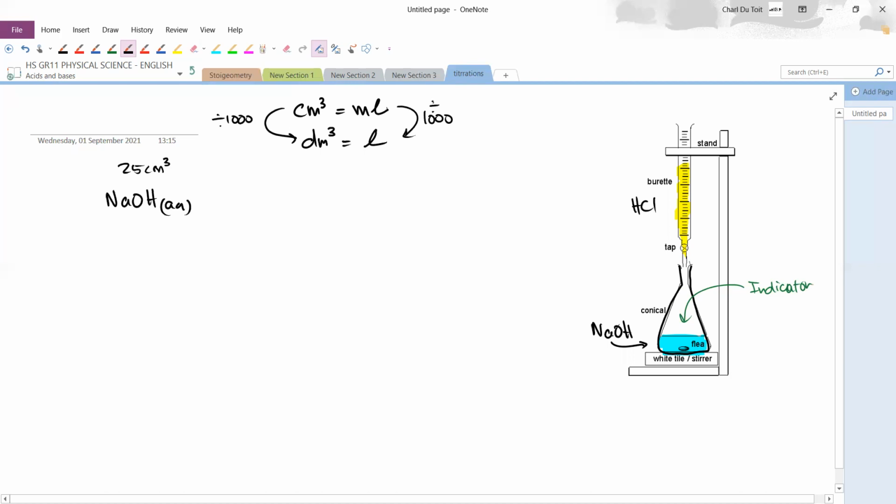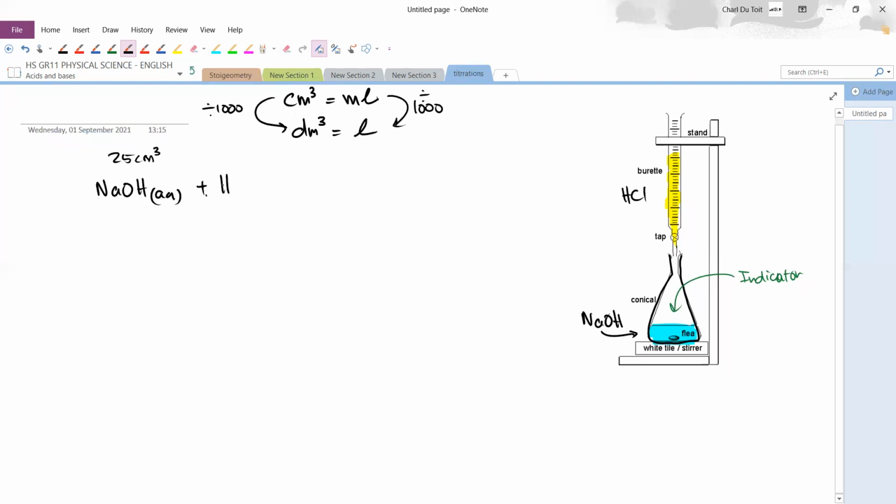Okay, anyway, we're adding hydrogen chloride to that. And that will give me a salt, which is sodium chloride, plus water. Okay, look at this. There's my one metal, sodium, and that's going to react with that chloride ion to give me a salt.